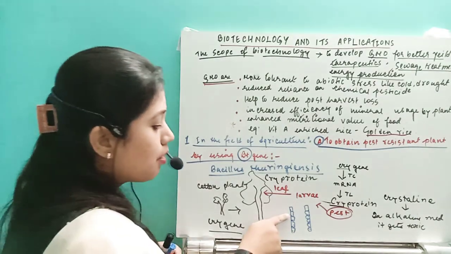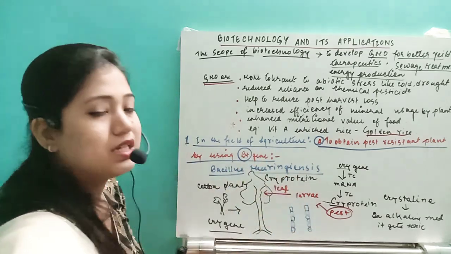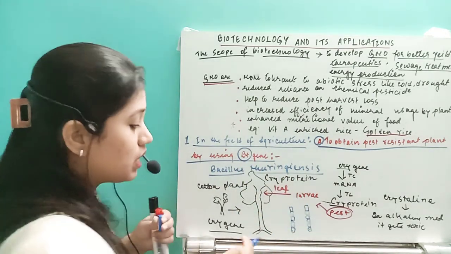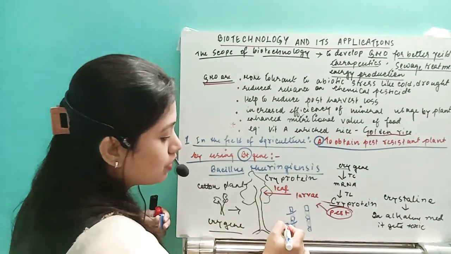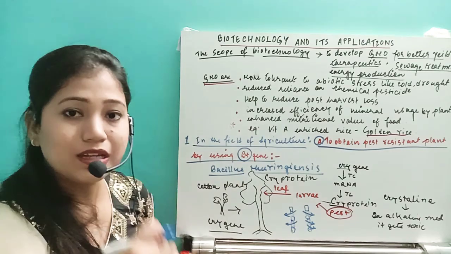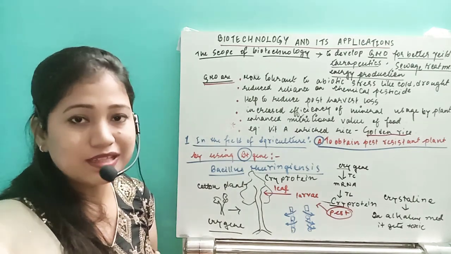It creates pores in the intestinal wall. So whenever it creates pores in the intestinal wall, what will happen? It will completely destroy the intestine. So if it destroys the intestine, that means it kills the larva.